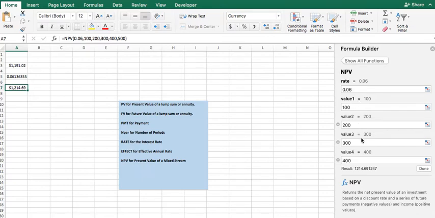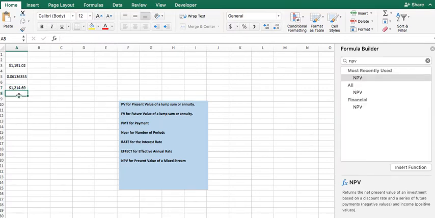So if there was in fact an upfront cost, let's say the cost of this project, this piece of equipment, or this mixed stream was going to be $500, we would then have to back the $500 out of this present value calculation to figure out what the net present value is. So a big distinction there to make sure you understand that the formula builder is building an NPV, or net present value, but it's really calculating a present value of the cash flows.